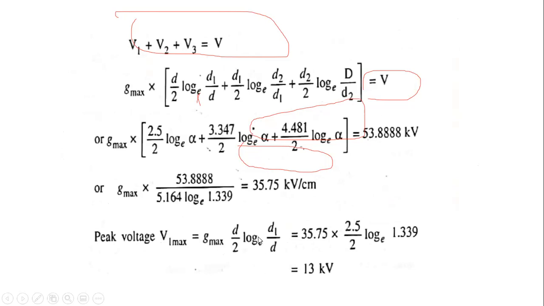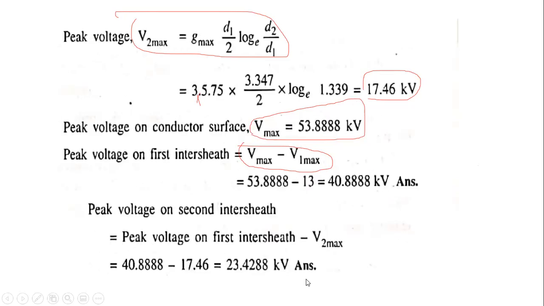V max, the peak value of that voltage, is 53.88. 53.88 minus V1 max, 13, then we obtain 40.88 kilovolts. Next, the peak voltage on the second intersheath.